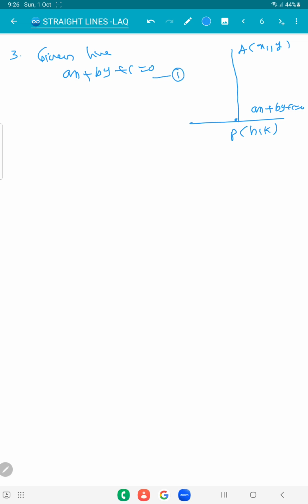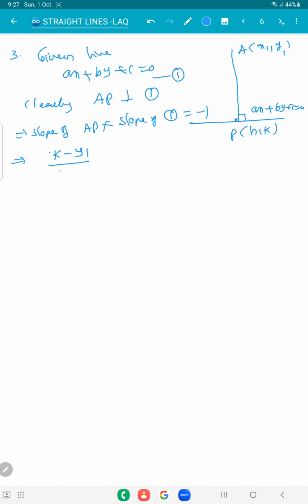Let it be 1. Clearly observe that P of h comma k is the foot of the perpendicular, meaning AP is perpendicular to 1. That implies slope of AP into slope of 1 is m1 m2 is equal to minus 1. What is slope of AP? y2 minus y1 by x2 minus x1, that is k minus y1 by h minus x1, into slope of 1.